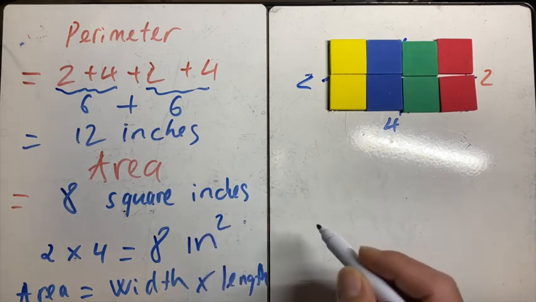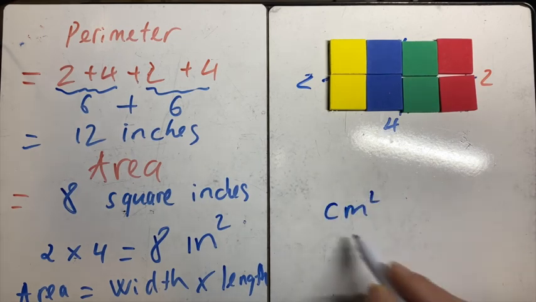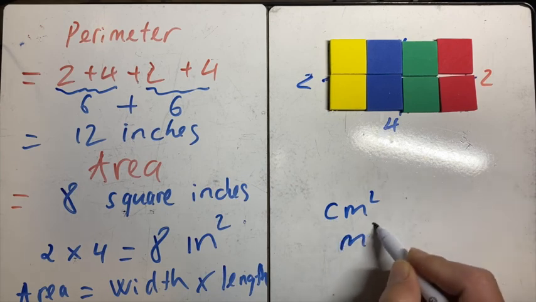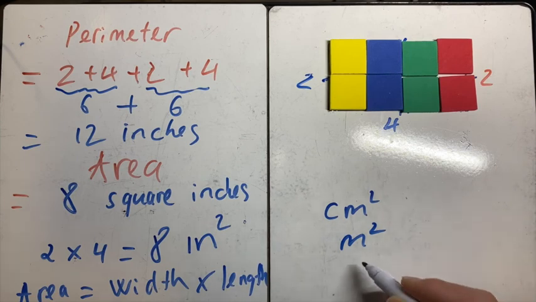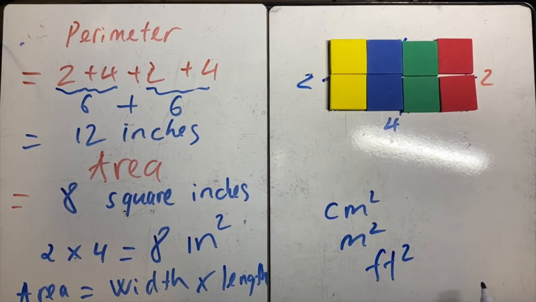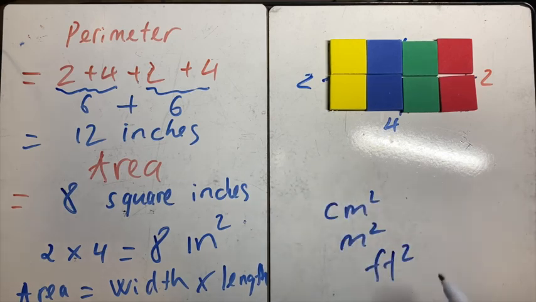If it's in centimeters, we need to write square centimeters, or square meters, or square footage. So it depends on each unit that we use. In this case, we use inches, so this is 8 square inches.